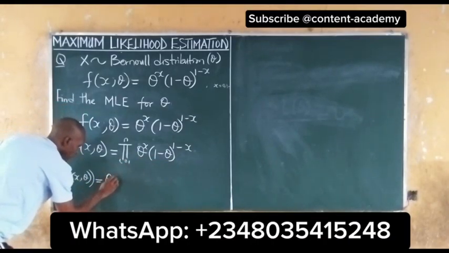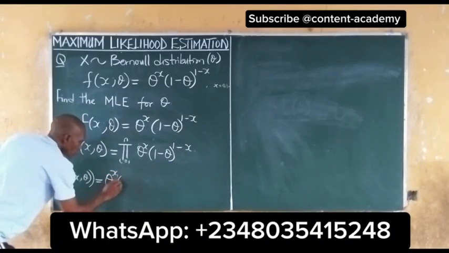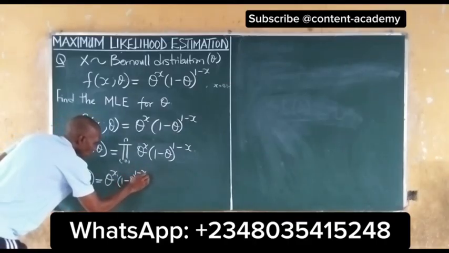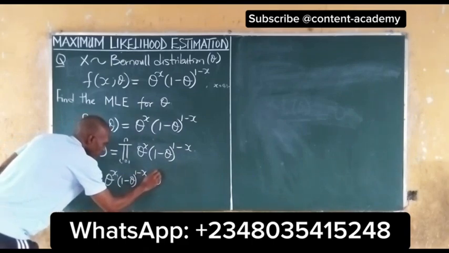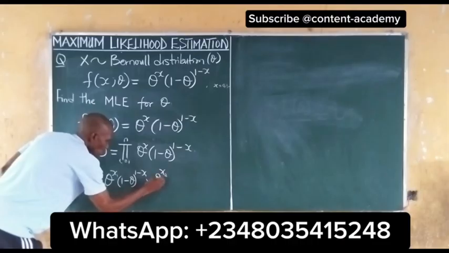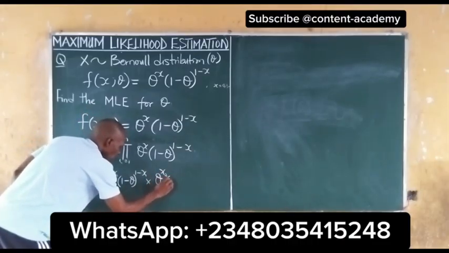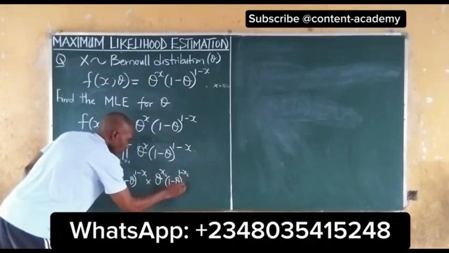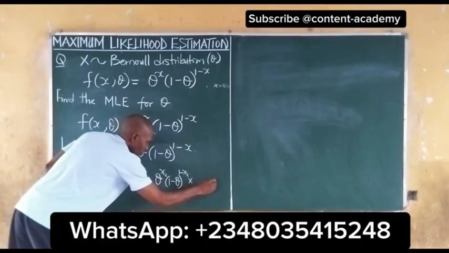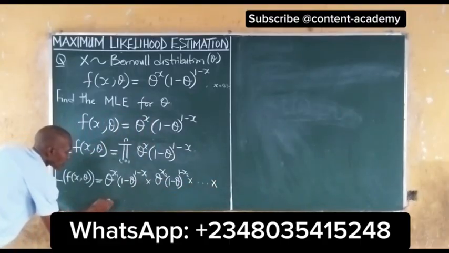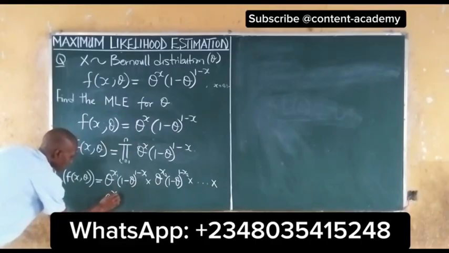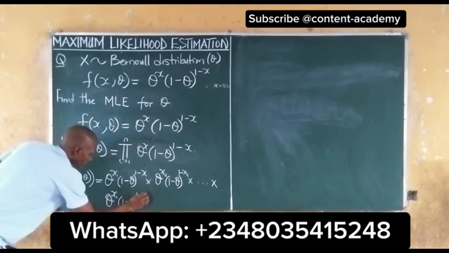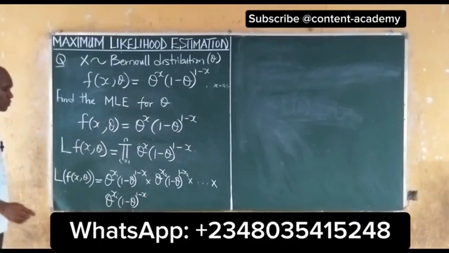The first one will give us theta to the x1, into 1 minus theta to the 1 minus x1, multiplied by theta to the x2, which is the second one, into 1 minus theta to the 1 minus x2, multiplied by, it continues that way to give us theta to the xi, into 1 minus theta to the 1 minus xi. So this is what we get.